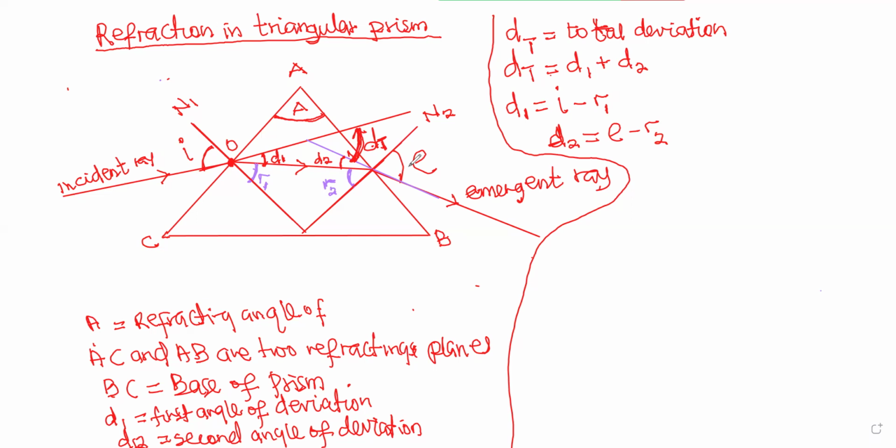And for refraction of light in a triangular prism, I is not always equal to E, even though the ray enters the prism from air and emerges out of the prism into air. It is not all the time that the angle of incidence is equal to the angle of emergence.